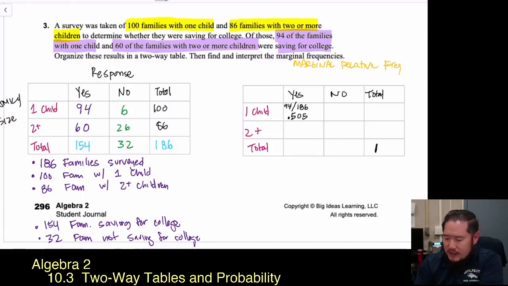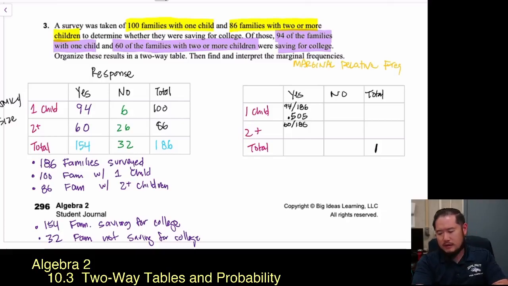Okay, so how are we going to find the 2 plus? What we will do now is take 60 and divide that by 186. Use your calculator: 60 divided by 186, and you will have 0.323.